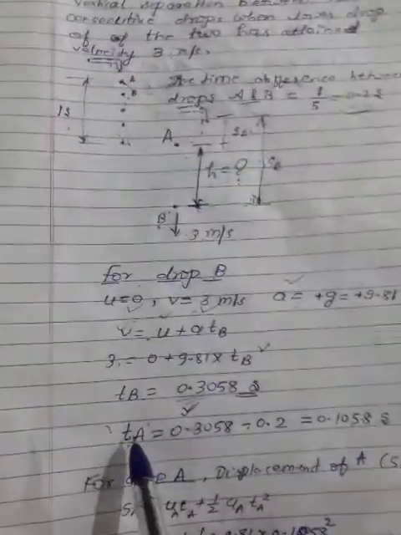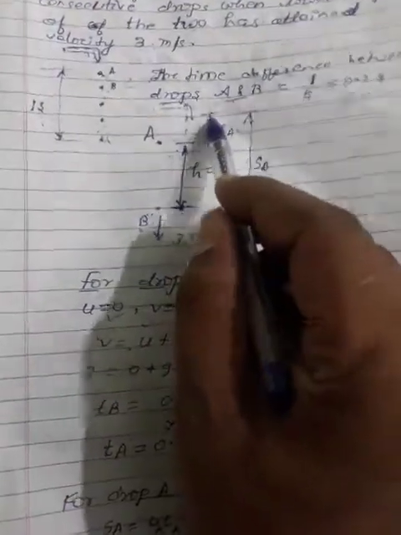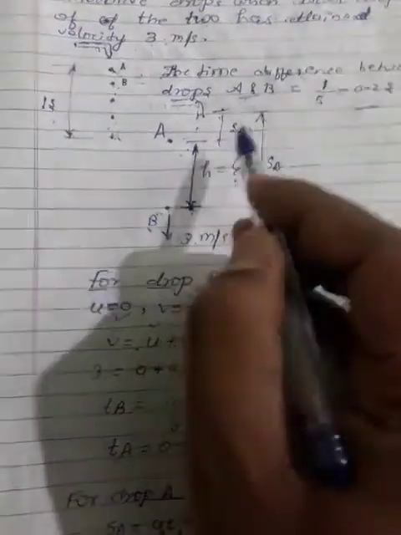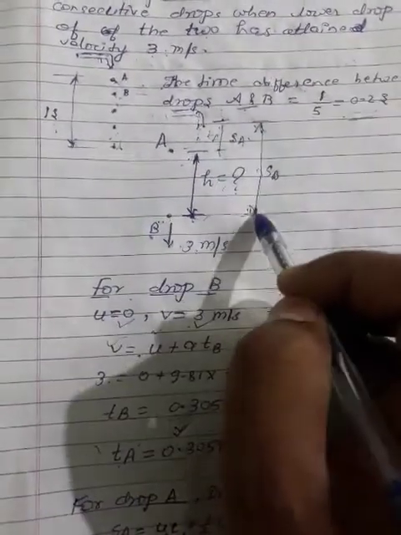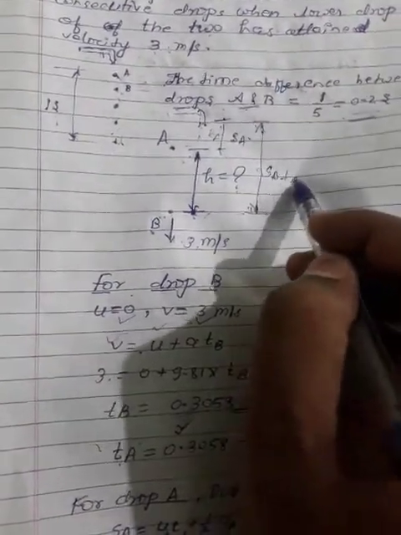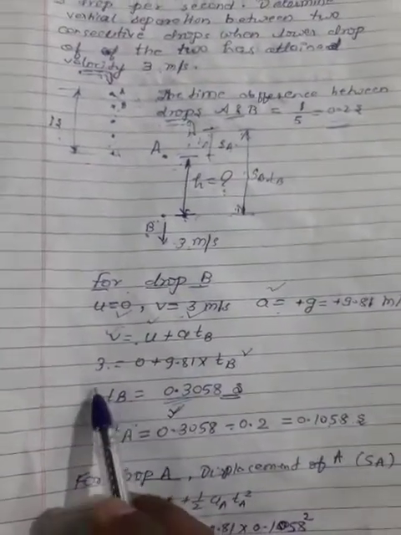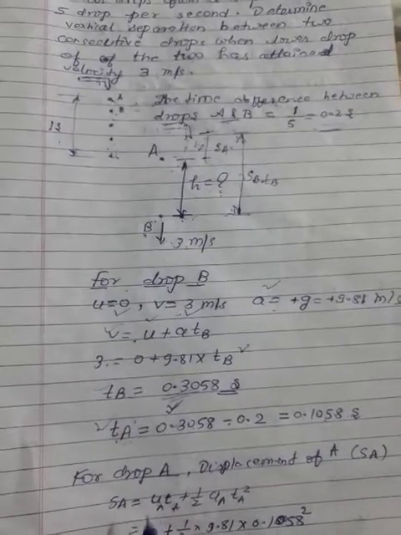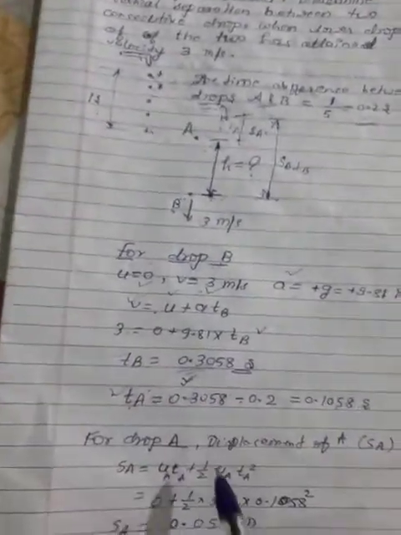So I have already calculated them. Means from this position to this position it will require time TA. From this position to this position it will require time TB. So I have already calculated that time TB, TA. Now I am going to calculate the SA and SB values.